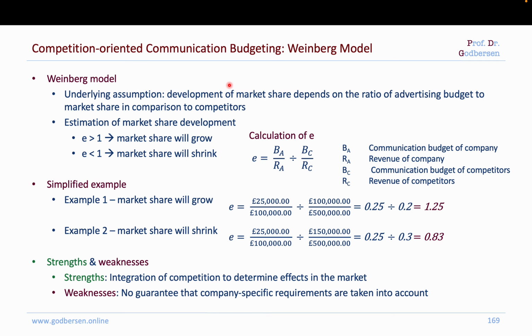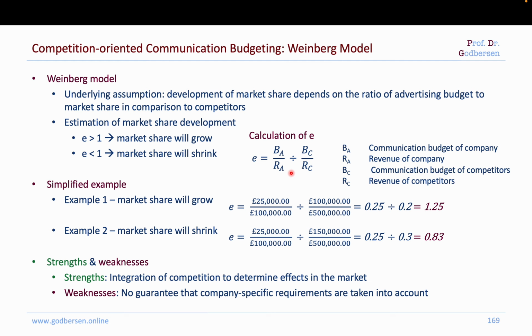The central indicator of the Weinberg model is the indicator E. I will explain the equation to calculate E in a moment. If E is larger than 1, the market share will grow. If E is smaller than 1, the market share will shrink.